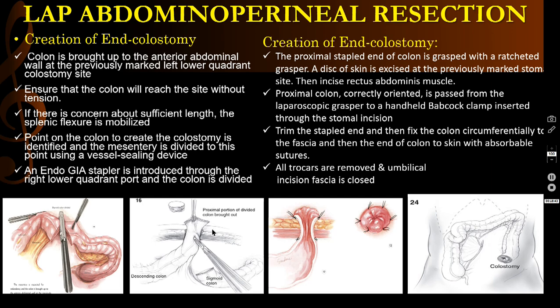After this, we divide this stapled end and then suture circumferentially to the fascia, deeper and then the superficial area of the colon, where the stapled end is already trimmed. So you have to suture this end to the skin. All trocars are removed now and the umbilical incision fascia is also closed.